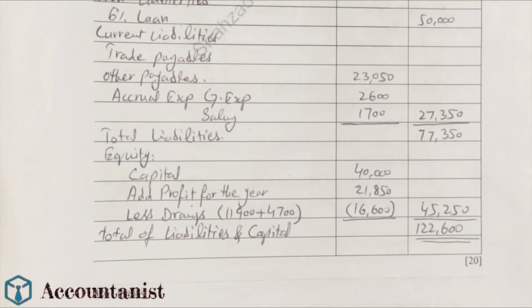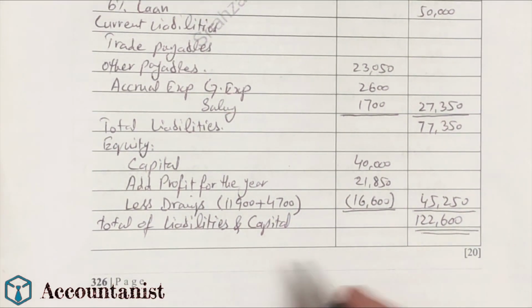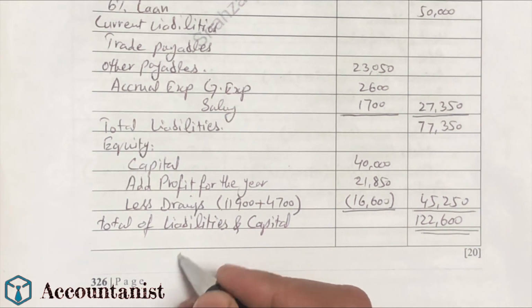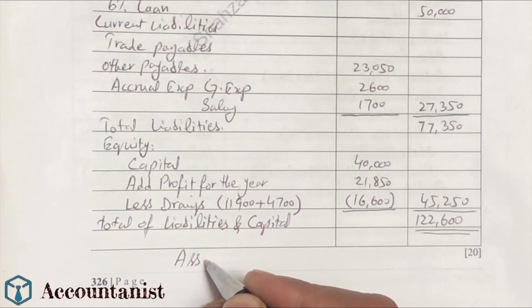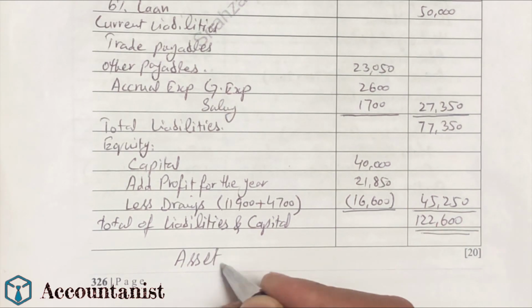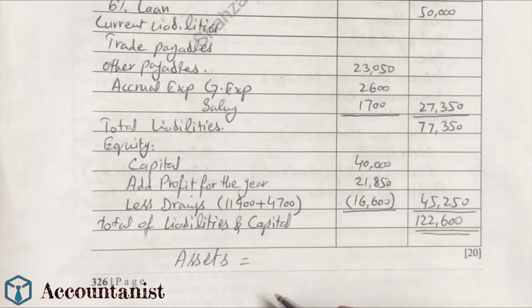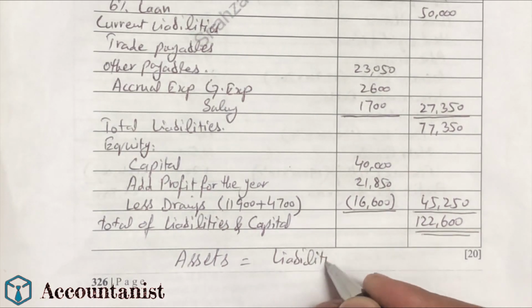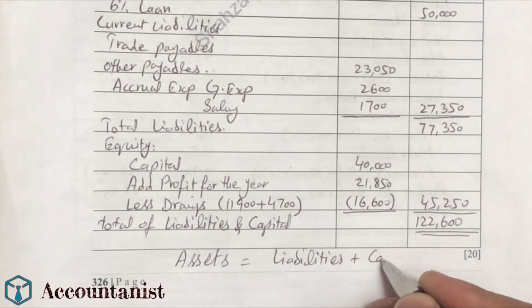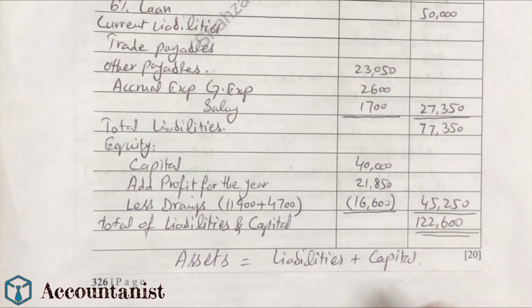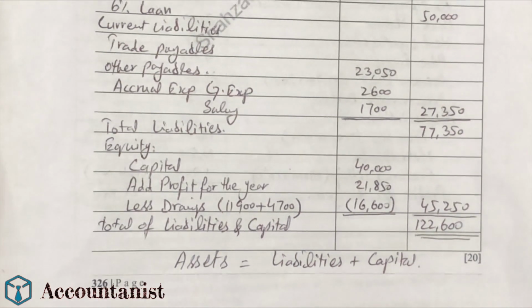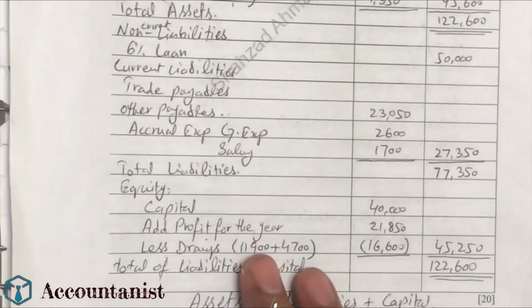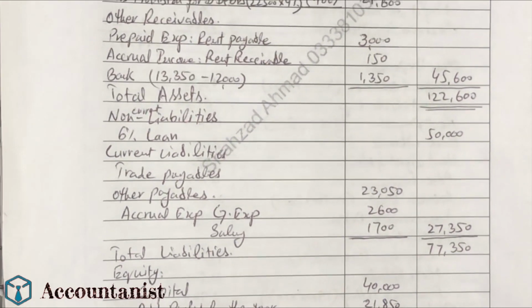It shows that the accounting equation is fulfilled, as the assets are always equal to the liabilities plus capital. So that's how we need to make the balance sheet, or the new name of this one is statement of financial position.